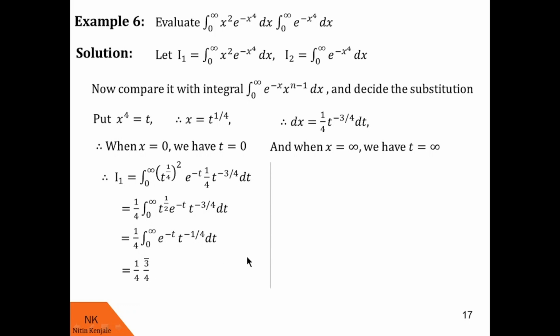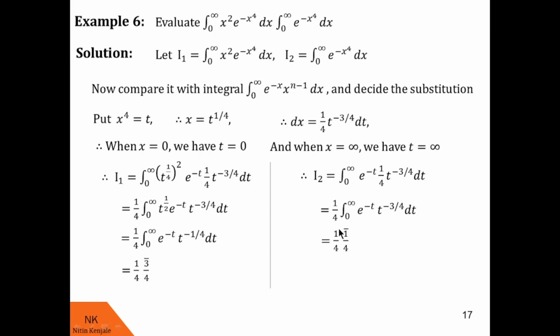Now we solve integral I2. After transformation, integral I2 becomes integral of e raised to minus t into 1 by 4 t raised to minus 3 by 4 dt over the limit 0 to infinity. After taking out this constant, inside the integral we have e raised to minus t into t raised to minus 3 by 4 dt. But this integral is nothing but gamma of 1 by 4.